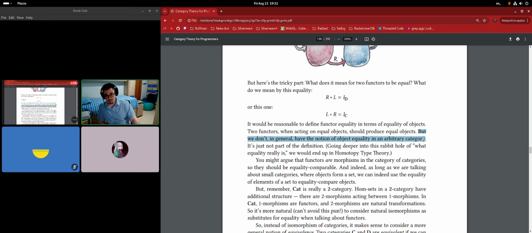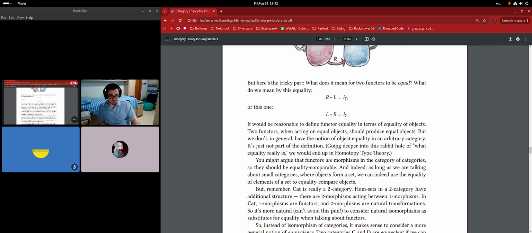This is category theory. We cannot look into the objects, so we don't have a general notion to be able to see that two objects are equal in an arbitrary category. And why do we care about the objects' equality? Because two functors acting on equal objects should produce equal objects. This would be a reasonable first step.